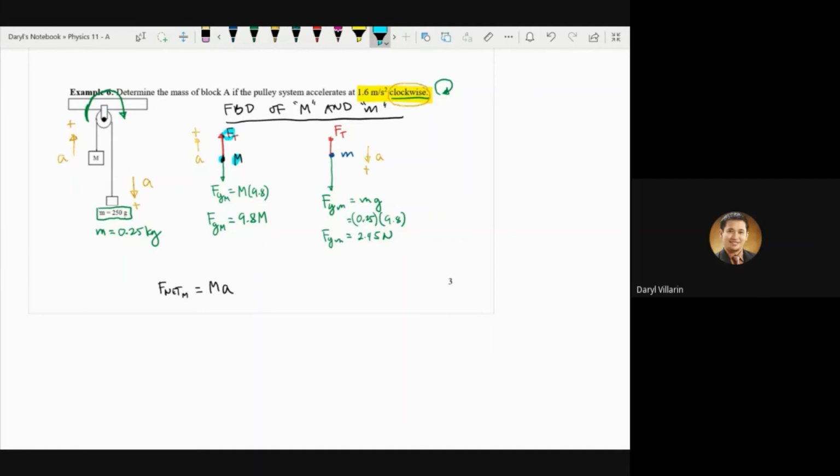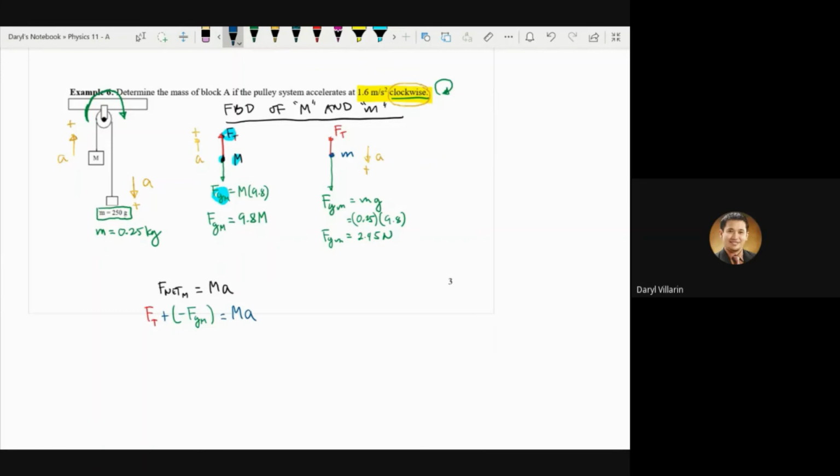It is given by Ft and Fg capital M. So going upward is positive, so therefore this is Ft, then plus the negative of the magnitude of Fg capital M is equal to capital M times A.